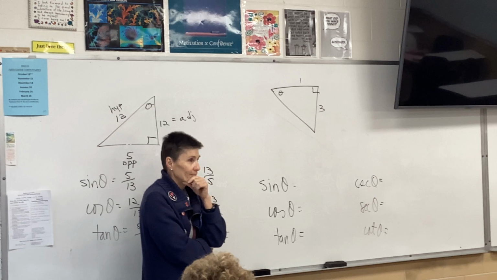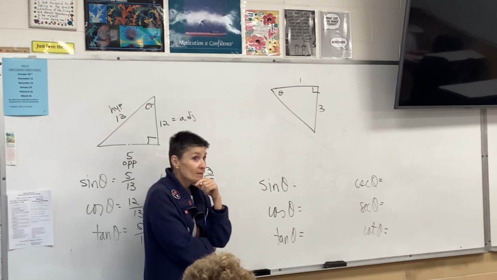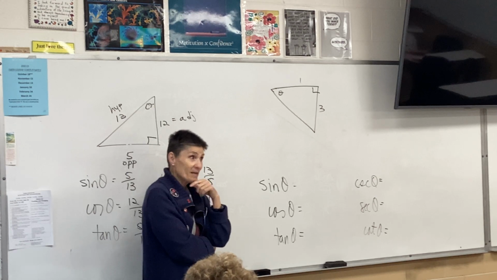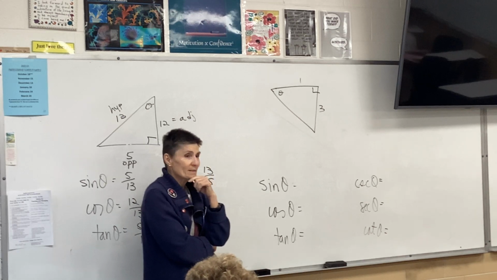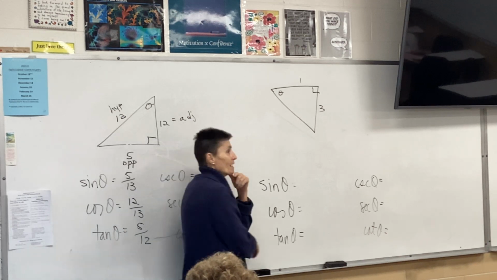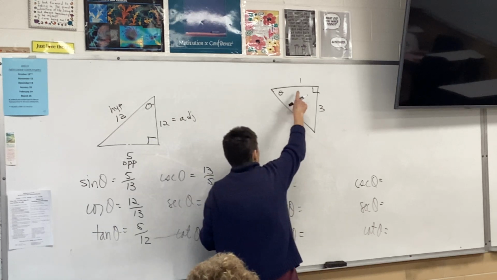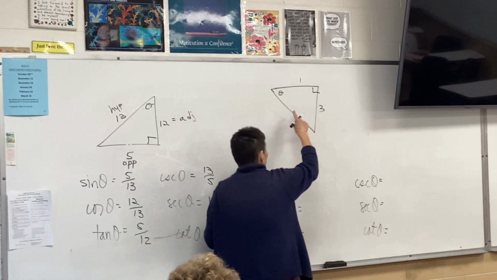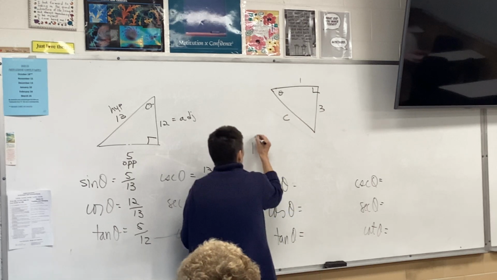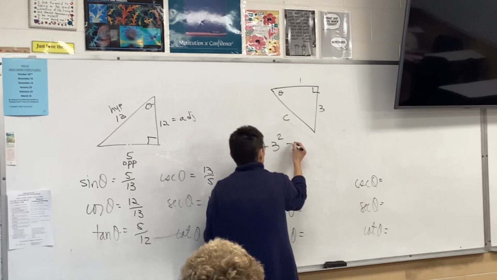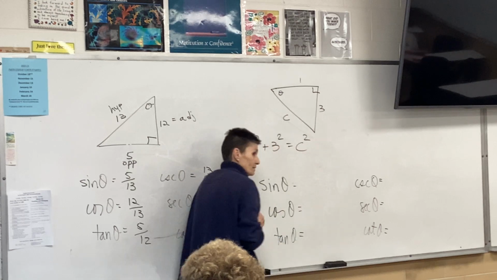There's some famous theorem. Starts with a P. The Pythagorean Theorem. What does the Pythagorean Theorem say? A squared plus B squared equals C squared. So 1 squared plus 3 squared equals C squared.